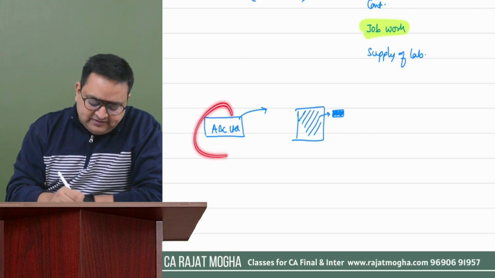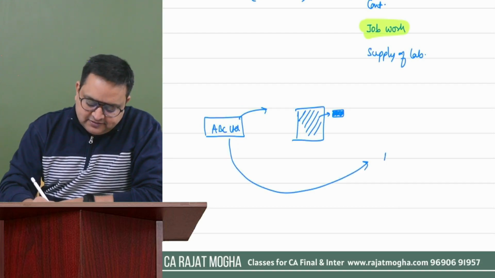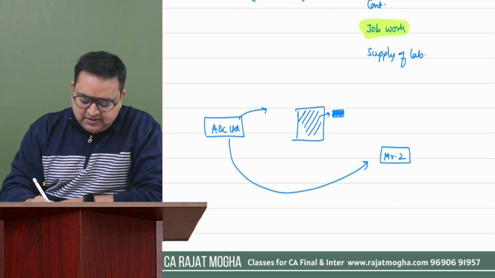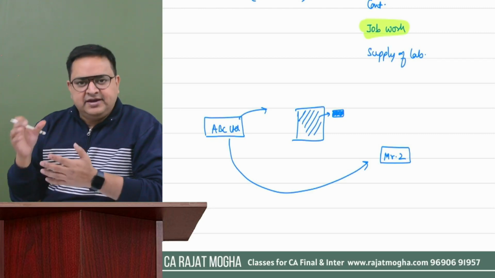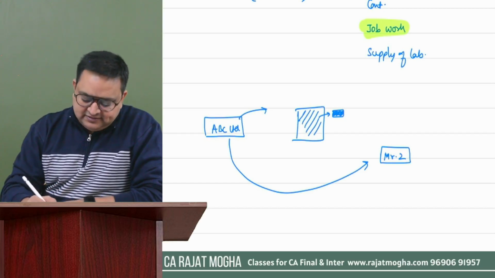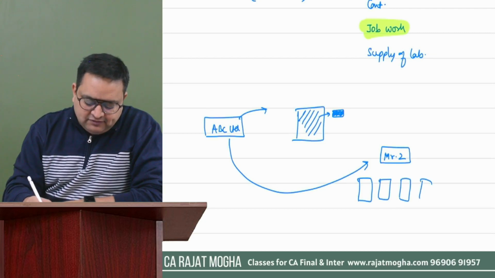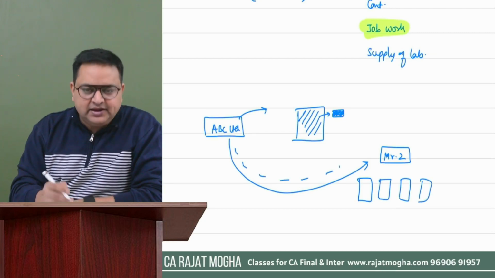So let's say ABC Limited approaches Mr. Z, who has a printer machine also. ABC Limited says that we will provide you blank diaries which do not have logos. ABC Limited is providing the material.